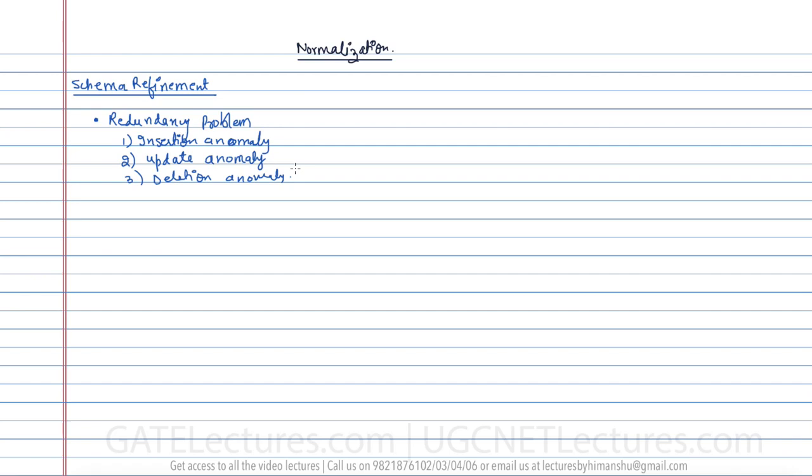Right? So we can have all these different anomalies, and because of them we are going to waste a lot of space. Because of these different anomalies, they are going to lead to different problems. Number one, we are going to have a lot of wastage of space.